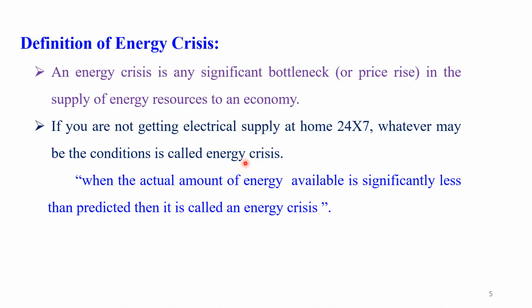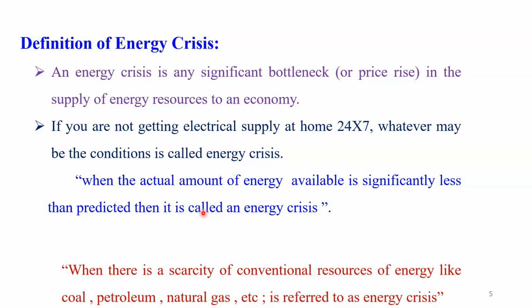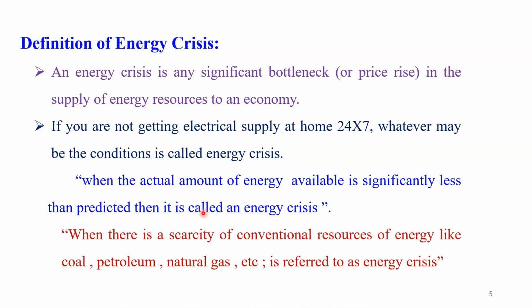One scientific definition of energy crisis is: when the actual energy available is significantly less than the demand predicted, then it is called an energy crisis. Another important definition is: when there is a scarcity of conventional resources of energy like coal, petroleum, natural gas and so many, then it is referred to as an energy crisis.